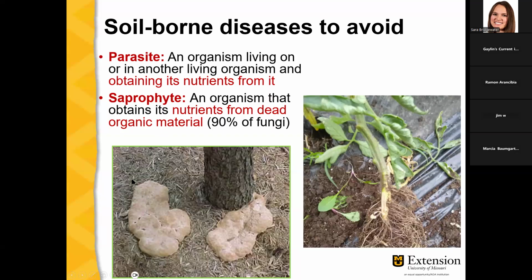So these organisms might contaminate your compost pile because compost is organic matter. That's why you want to cover your compost after you finish, to avoid more contamination. Normally, these saprophytic organisms appear in areas that are damp and shady.